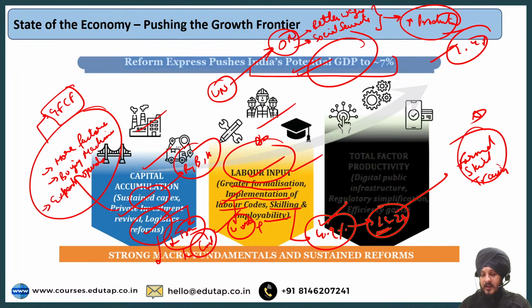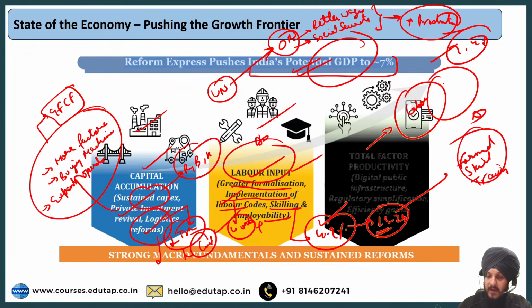The third is regarding total factor productivity. Now, total factor productivity basically means how smartly we are able to use the labor and the capital, right? How smartly we are able to do that. So in order to fix it, what reforms are required? We need reforms with respect to digital public infrastructure, for example UPI, for example Aadhaar, right? For example digital documentation.